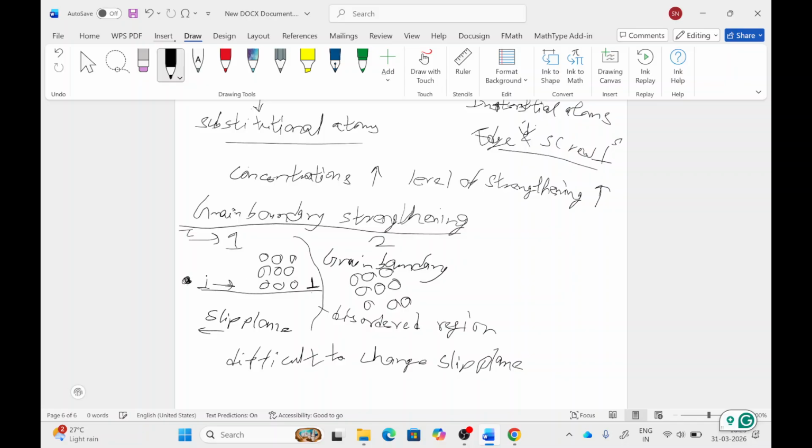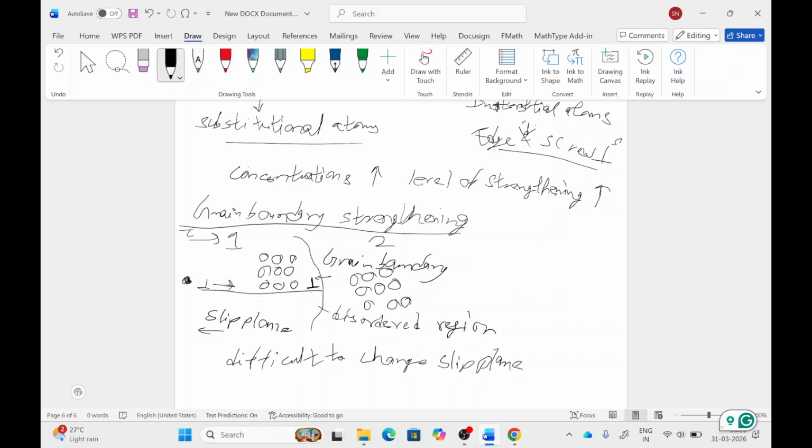It is coming from a different ordered region in grain 1, and it is coming to grain 2, which also has a different atomic arrangement, and at the grain boundary the region is disordered. So at this grain boundary, this dislocation also faces some opposing force in this direction, opposite.